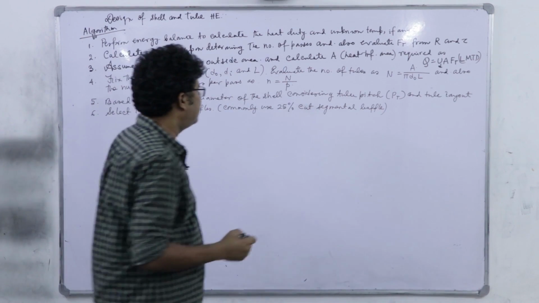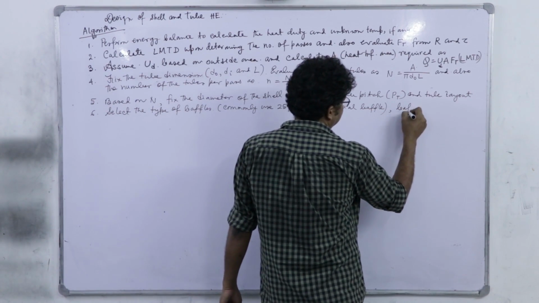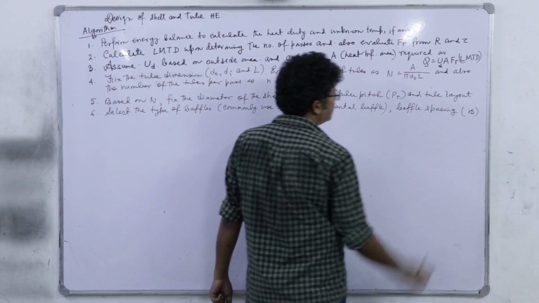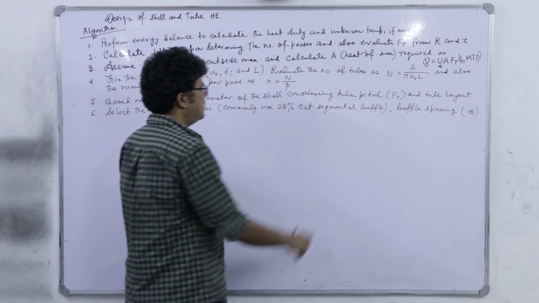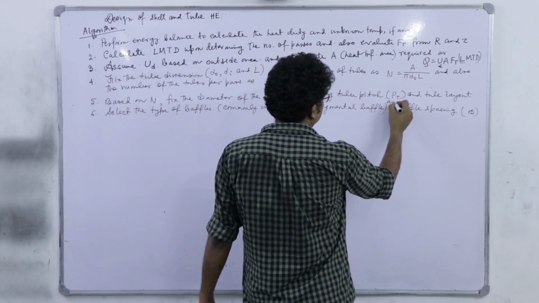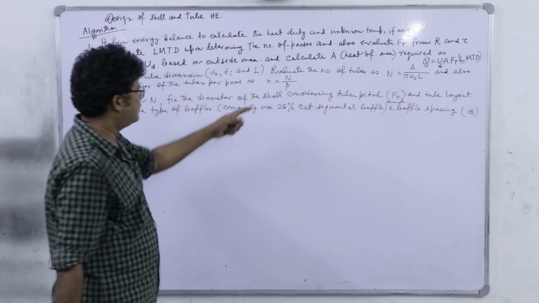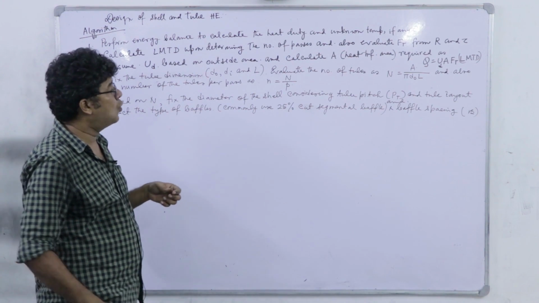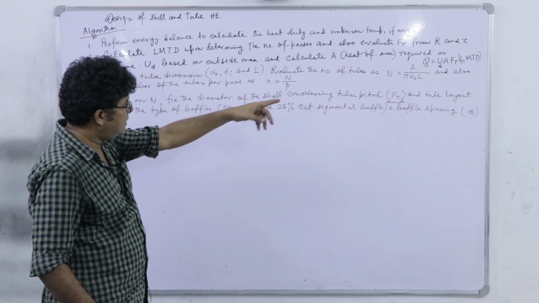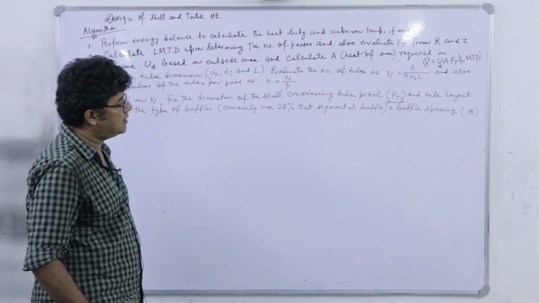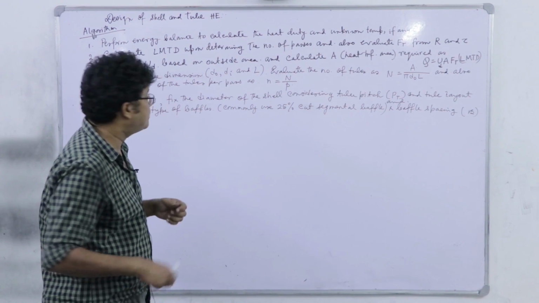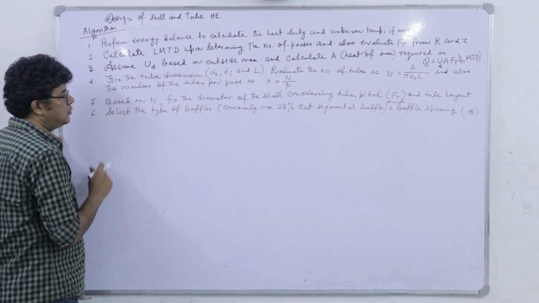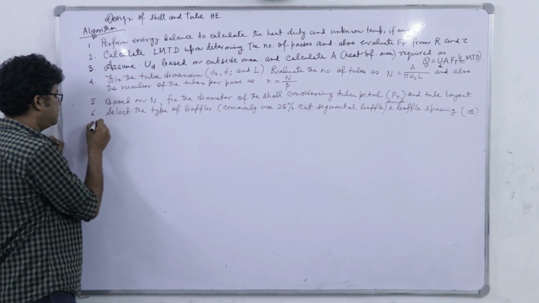So, select the type of baffles, baffle spacing B, right. Why is this necessary? As we have seen the formula of Kern for HO, we know that B, PT, these values are necessary to calculate the HO. So, once we have fixed the shell diameter, the number of tubes, the baffle spacing and the tube pitch.